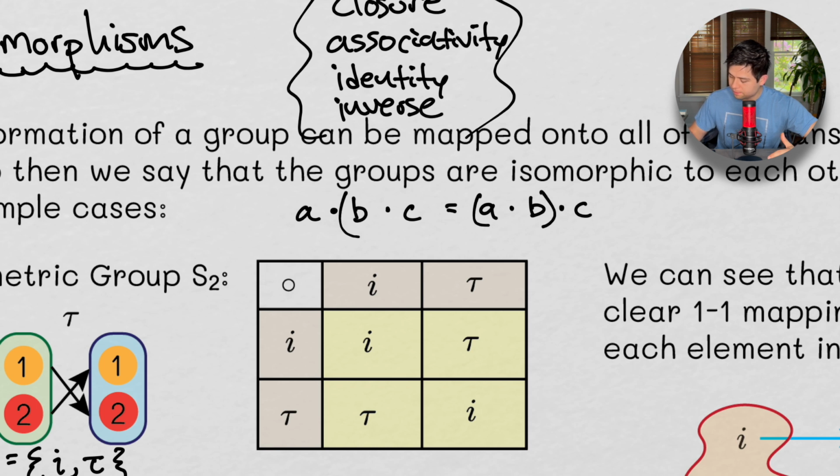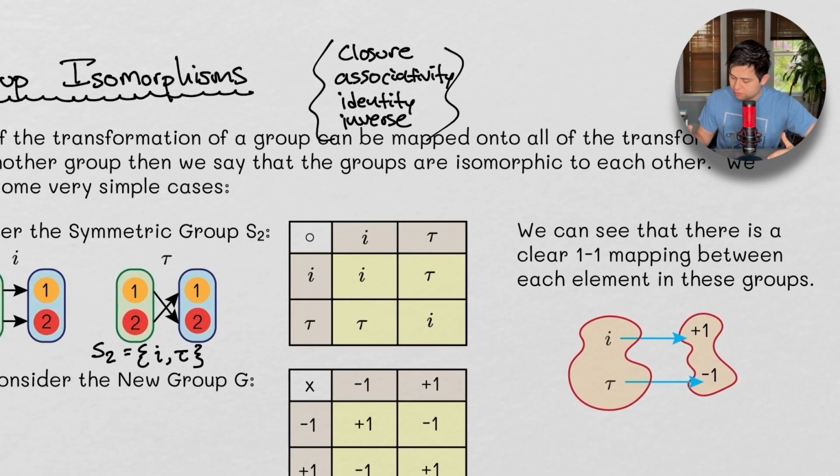So that's the associativity law, okay? And then the identity rule just means that there needs to be an identity in the group, and the inverse rule means that there needs to be an inverse. In other words, an element in the group that takes you back to the identity. Okay?